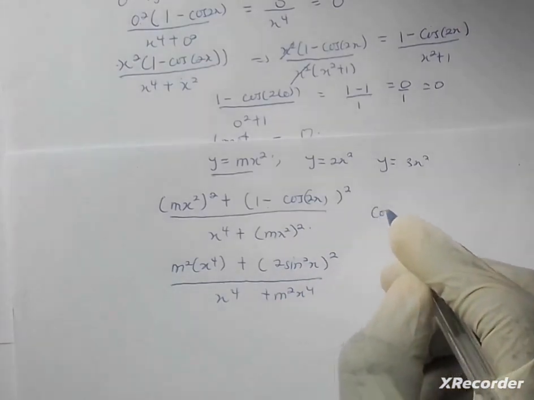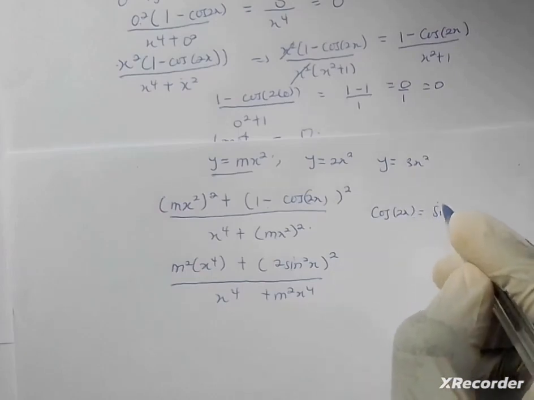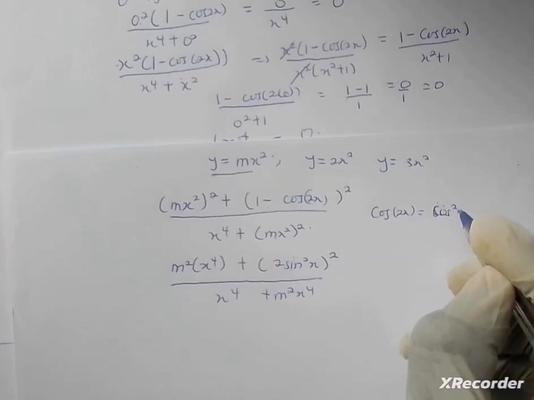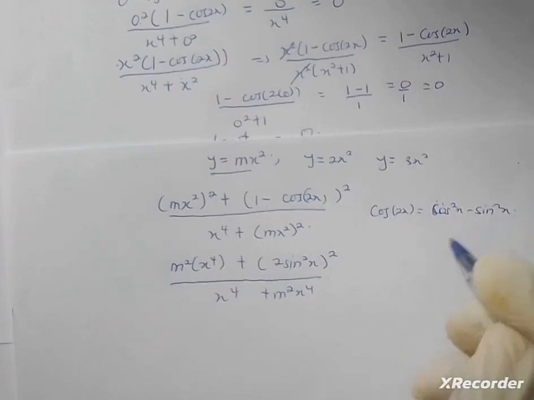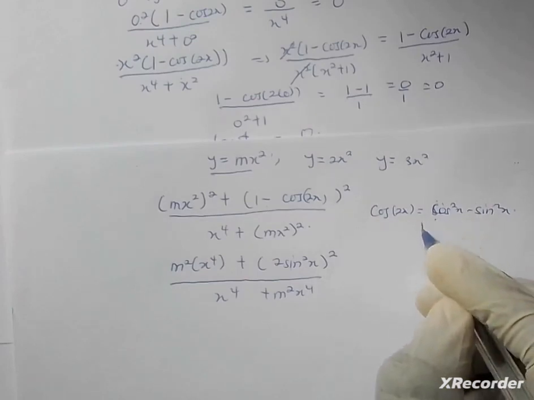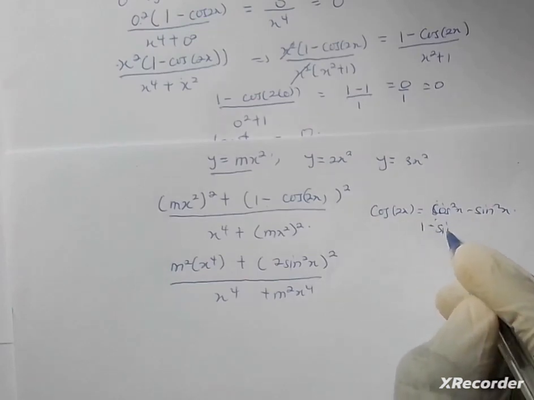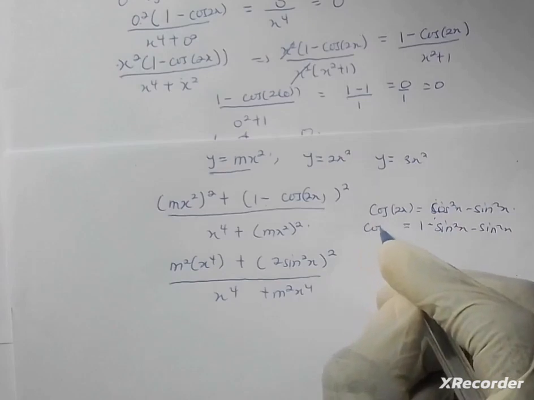You know that cos 2x is simply equal to cos squared x minus sine squared x. So I'm going to make this the subject from one identity as 1 minus sine squared x minus another sine squared x should be equal to cos 2x.